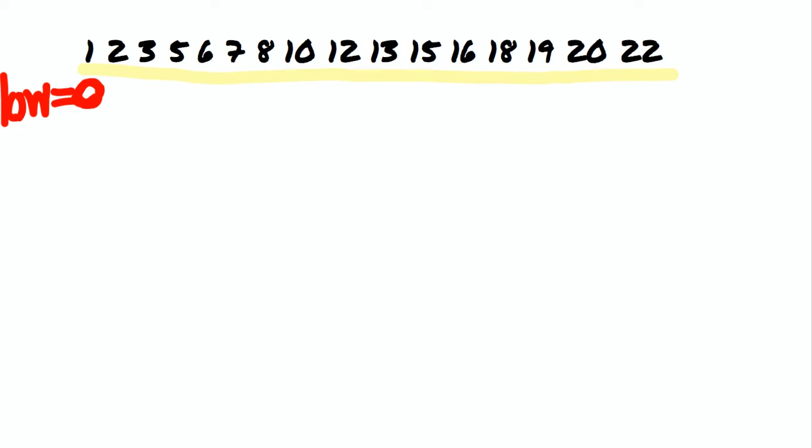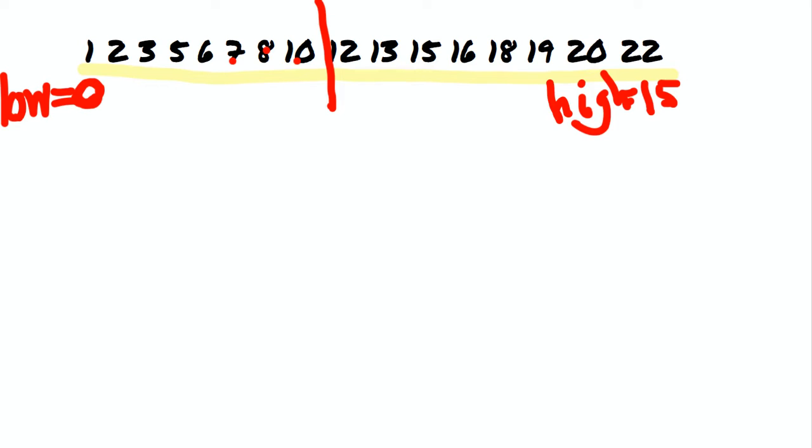So the last element is at index 15. This will be our high. First off, we'll get the middle term, which we know to be 1, 2, 3, 4, 5, 6, 7, 8. So this is our middle split.